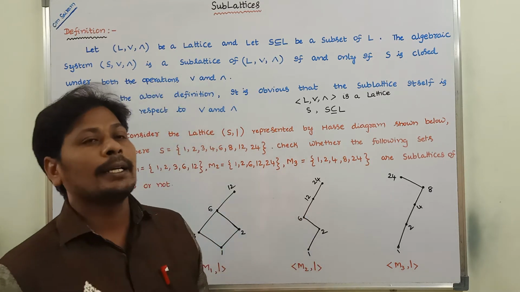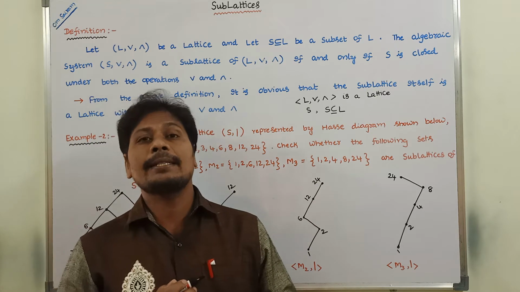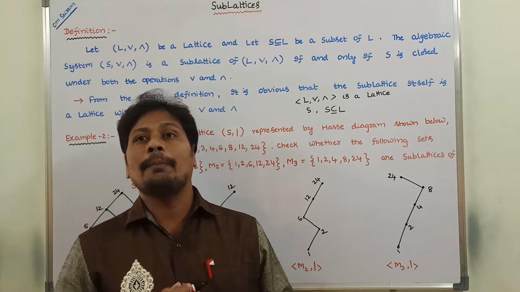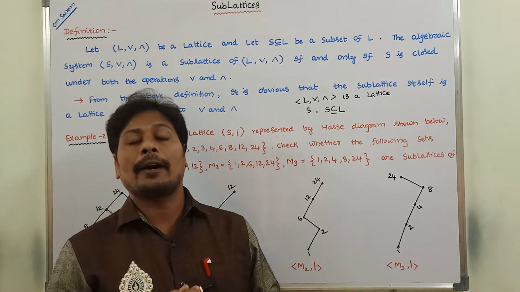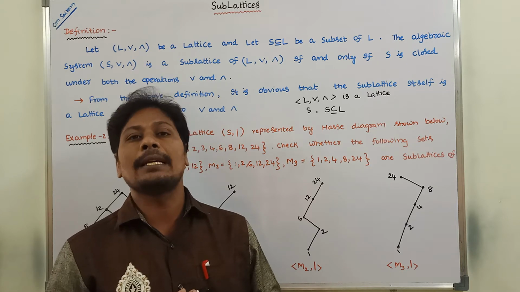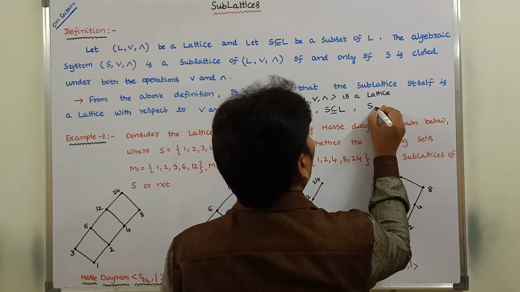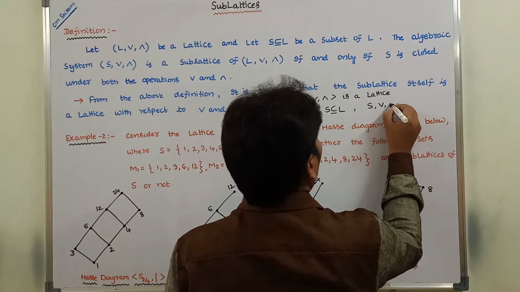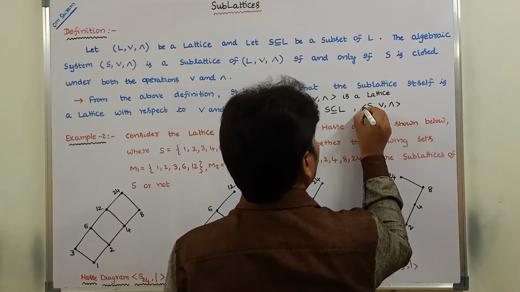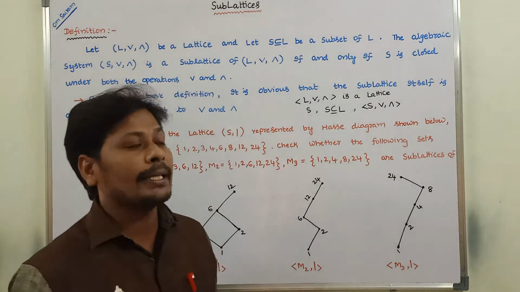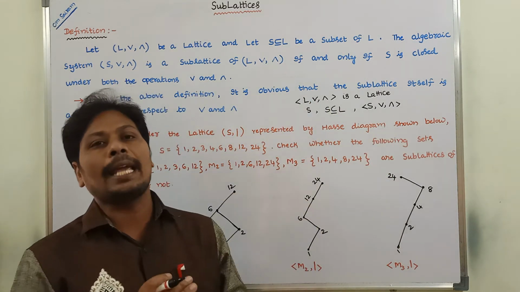Whenever S satisfies the join and meet operations for every pair of elements, then S, join, meet is said to be a sublattice of L.